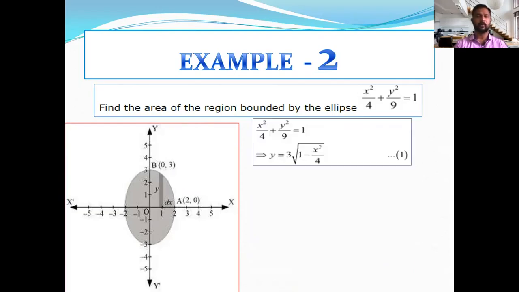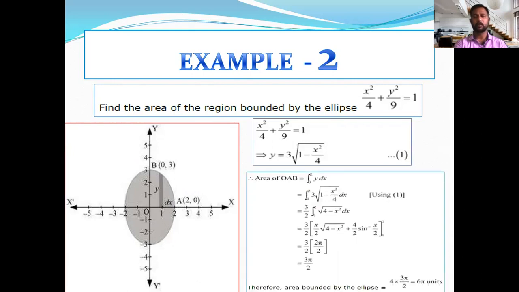Let us find y first, because the equation hints at integral y dx. So y is 3 times the square root of 1 minus x square by 4. Therefore, the area is given by integral 0 to 2, we are taking along the x-axis, of y dx. Y is substituted as 3 times root of 1 minus x square by 4. Multiplying by 4 inside, it is root of 4 minus x square dx.